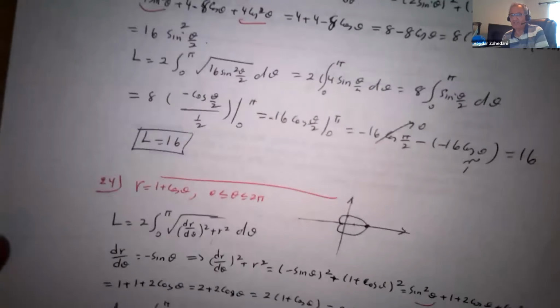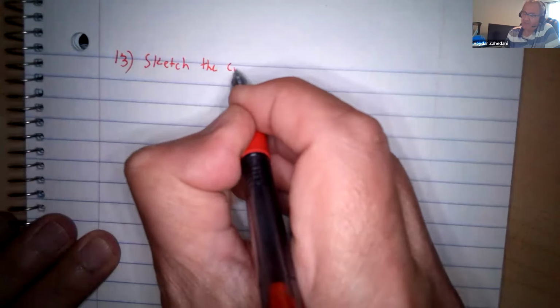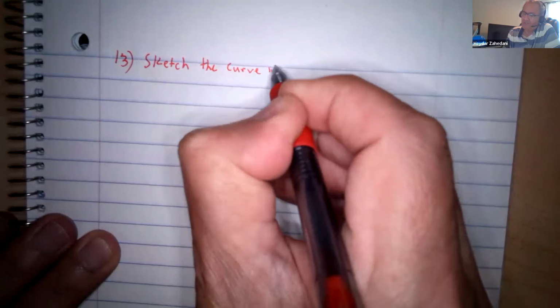So that was number 14 that I talked about. For graphing, you just check the one that we have. We give you one of them, and you sketch the graph of the curve in polar form.